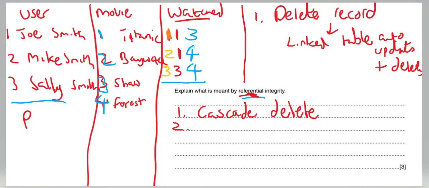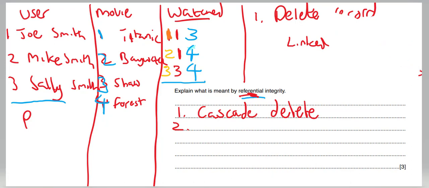Number 2, how can we ensure we get referential integrity? Well, what I don't want to do, I need to use my eraser. Look at that, there we go, nice, thank you.